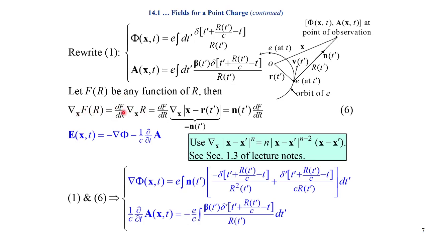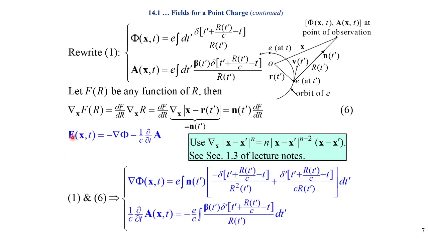You can take the total derivative and then the gradient of r. And for the gradient of r, we can use these properties we learned in chapter 1. If you don't remember, just open your lecture notes and study the course material again. In this one, the result will be simple: just n at t prime, df/dr.